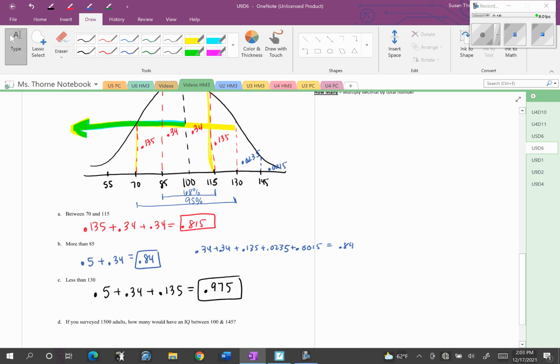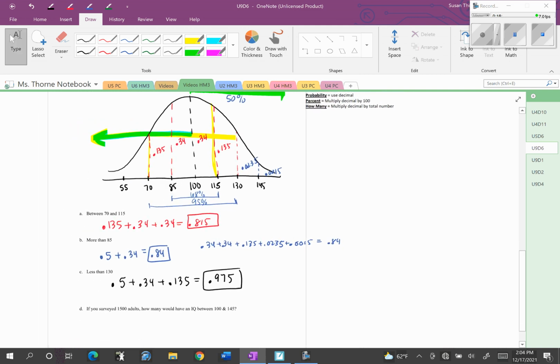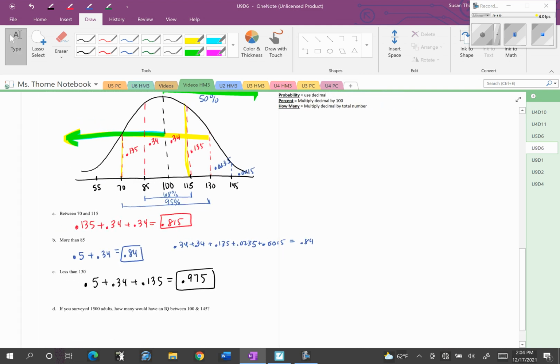And then the last question says, if you surveyed 1,500 adults, how many of them would have an IQ between 100 and 145? So if we go between 100 and 145, that would be here.